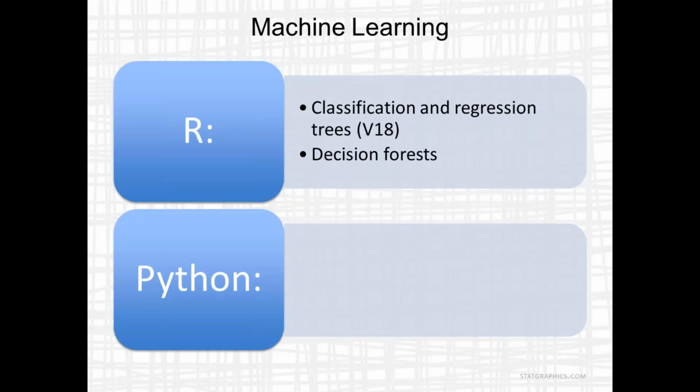Now, one of the things that we're doing with Statgraphics with version 19 is putting in more and more links to various machine learning procedures. In version 18, we put in our first machine learning algorithm, and that had to do with classification and regression trees. Machine learning algorithms basically are designed to make predictions.